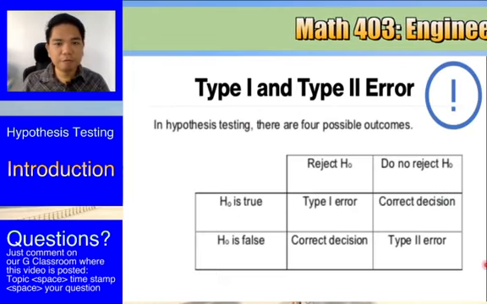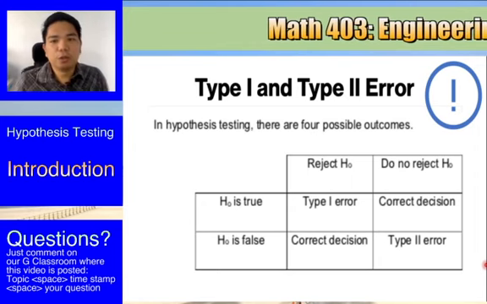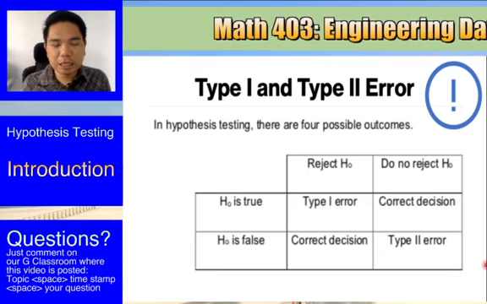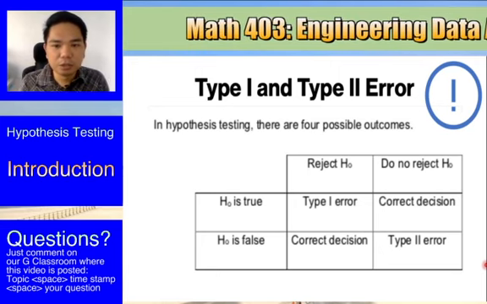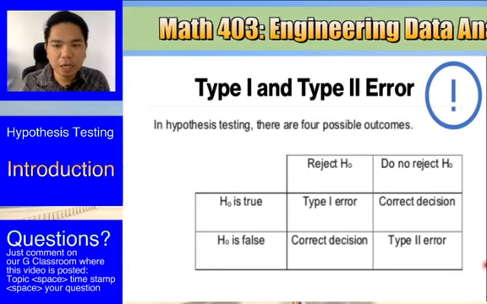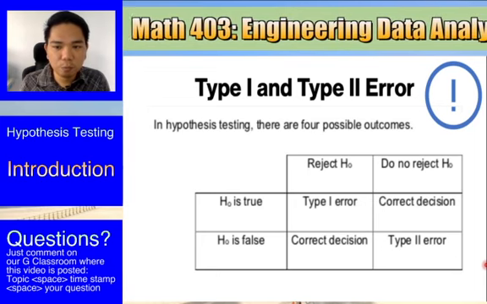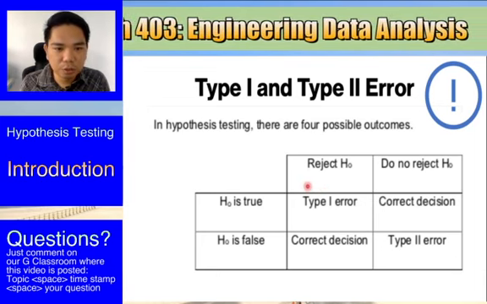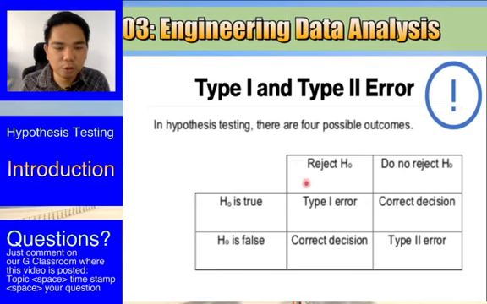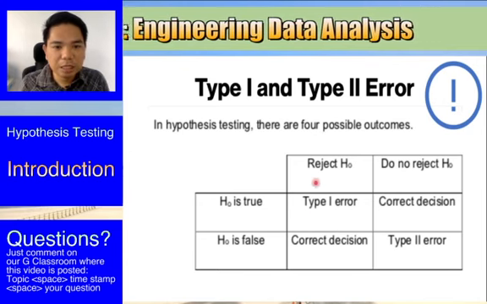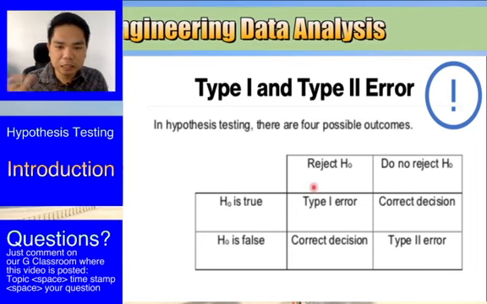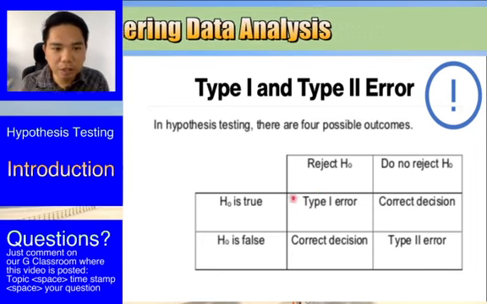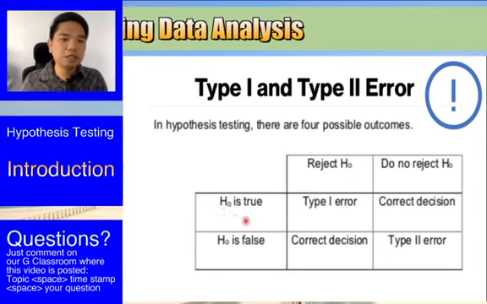Now, we have type 1 and type 2 error. Okay? So, ito yung sa ating level of significance. So, a type 1 error occurs if one rejects the null hypothesis when it is true. Yan. Kung meron daw tayong null hypothesis, tapos ang lumabas sa ating decision is reject null hypothesis, pero yung null hypothesis natin ay true.